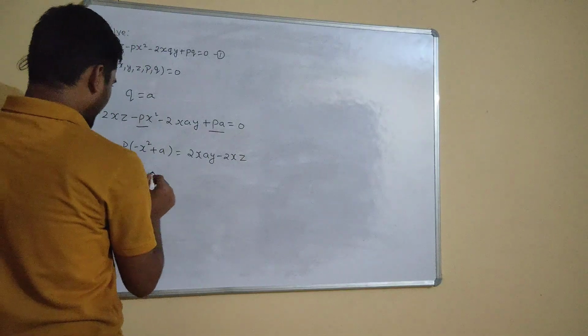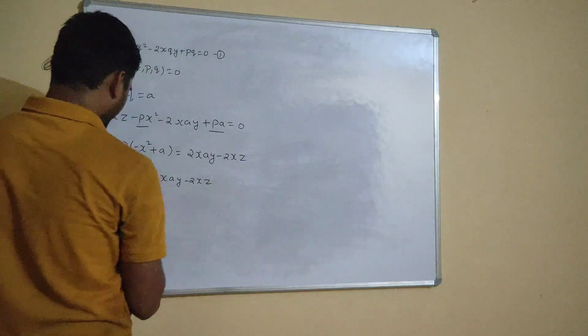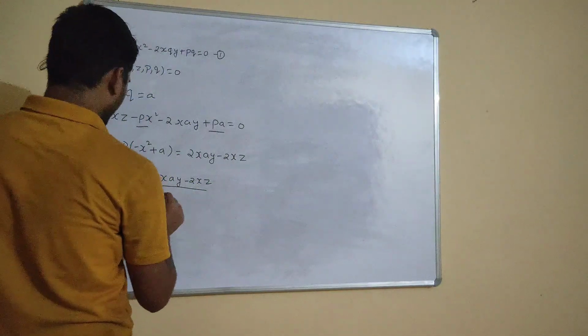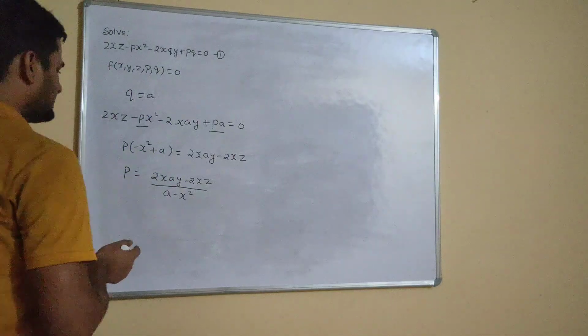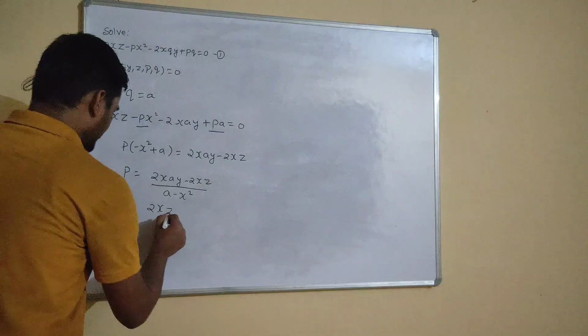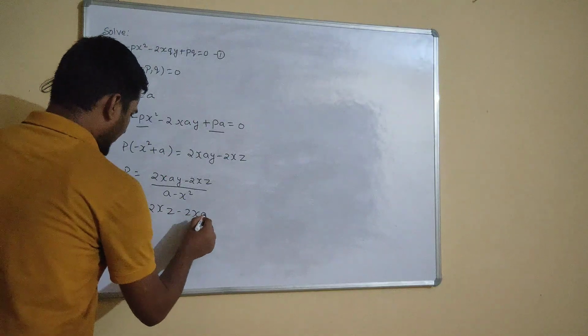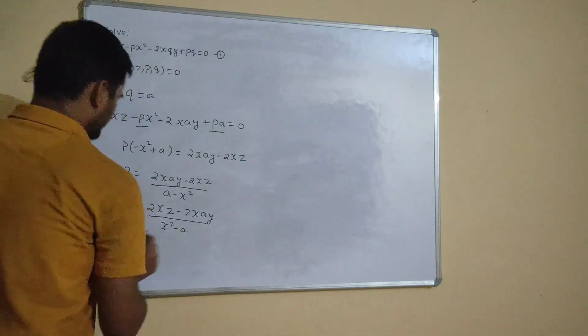So p I am getting as 2xay minus 2xz divided by a minus x square. I can take minus common from numerator and denominator and cancel. So I will get 2xz minus 2xay divided by x square minus a.